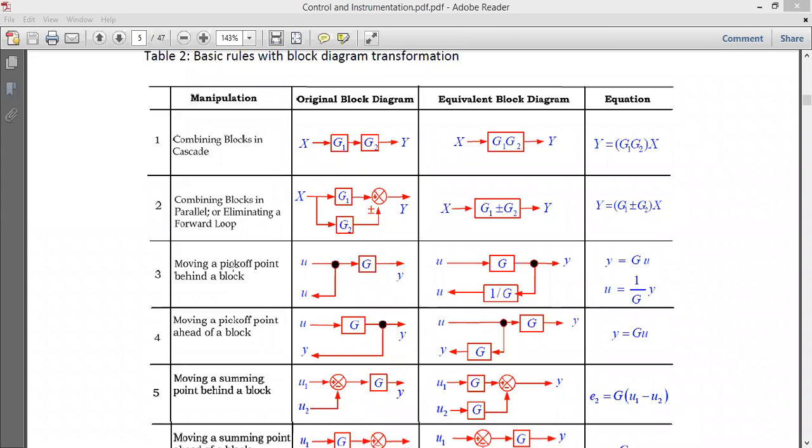This take off point or pick off point is represented by a dot. The question here is you need to move this pick off point behind the block. Behind means it is nothing but here, so you are shifting your point after the block. How to do this?